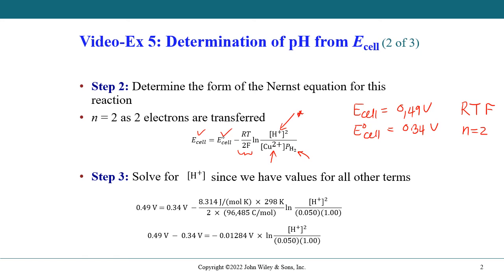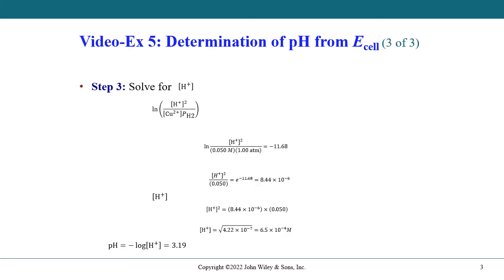Now we plug in the values and we solve for the H plus concentration. We can see that as we do that, it's quite a lengthy process, but if you work through it step by step, eventually we get the hydrogen ion concentration as this concentration over here.